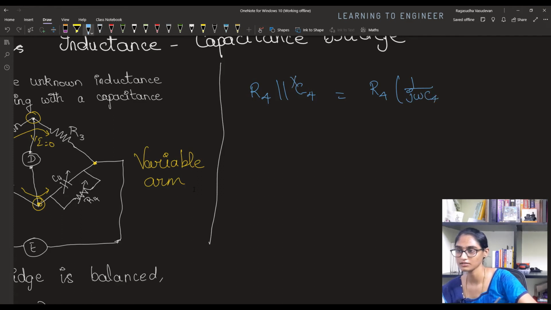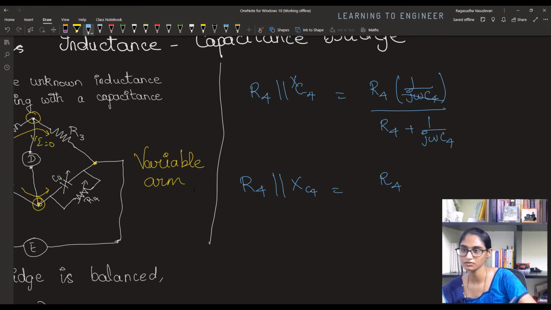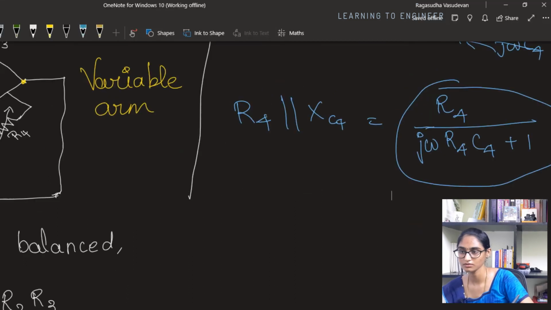I'm sorry, this is Xc4. So it is R4 into 1 by j omega C4 divided by R4 plus 1 divided by j omega C4. So the value of R4 parallel to Xc4 will be R4, where these two terms cancel and you multiply the remaining term, so you get the denominator as 1 plus j omega R4 C4.